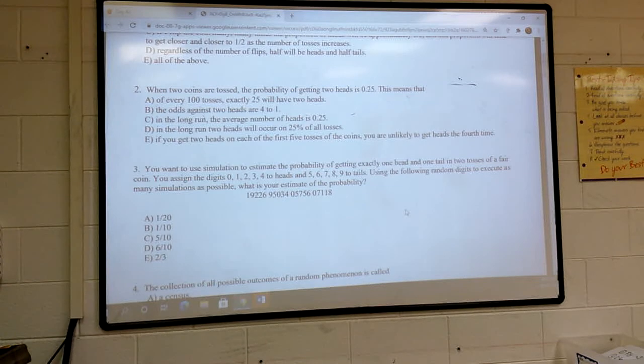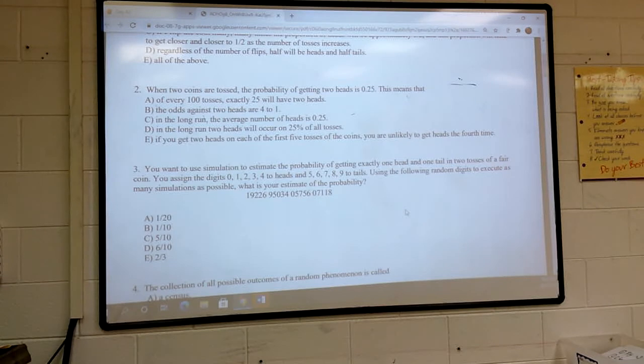Well, let's look at A. Out of 100 tosses, exactly 25 will have 2 heads. That's wrong, because we don't know for sure. We should have around 25, doesn't mean exactly. The odds against 2 heads are 4-1. Should be 3-1 because it'd be 75% to 25%. That's 3-1.